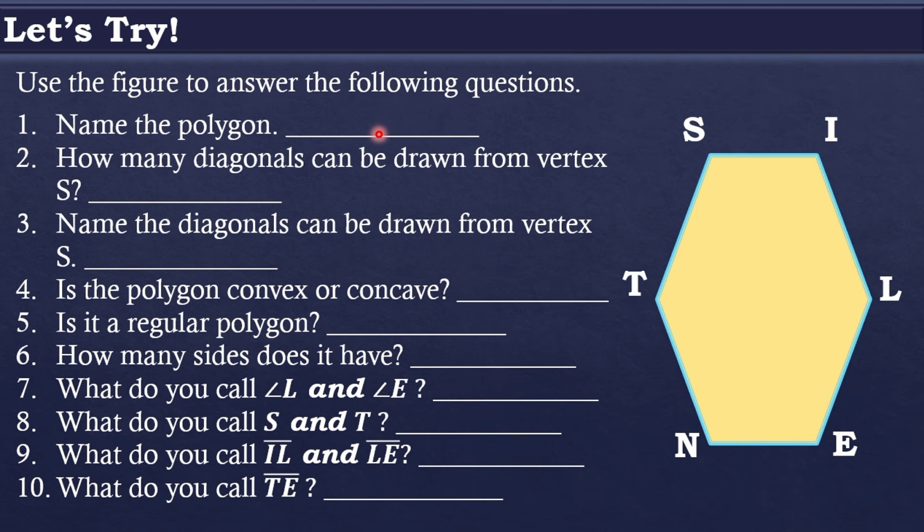Alright, let us answer. We have, what is the name of the polygon? So this is, paano malalaman? Count nyo yung sides. 1, 2, 3, 4, 5, 6. So this is a hexagon. And then consecutively, ang name ng ating vertices. So this is hexagon SILENT, S-I-L-E-N-T.